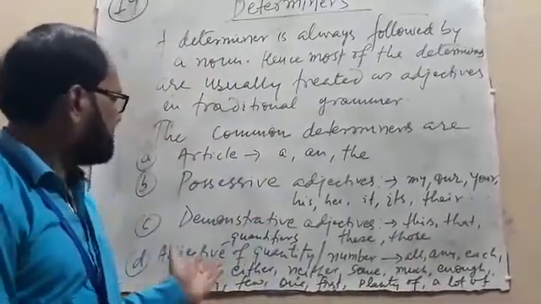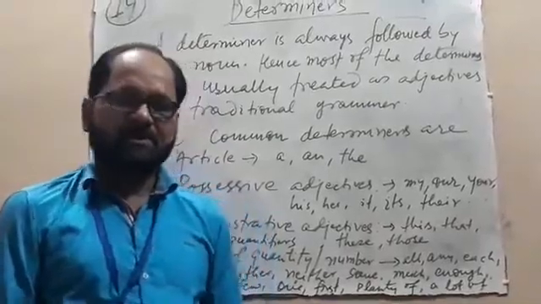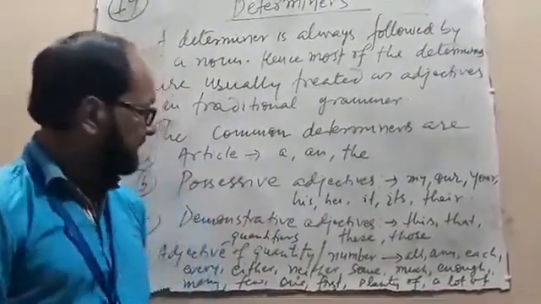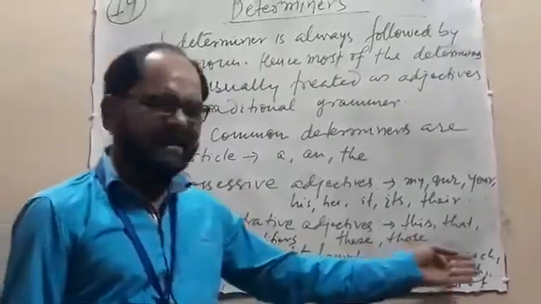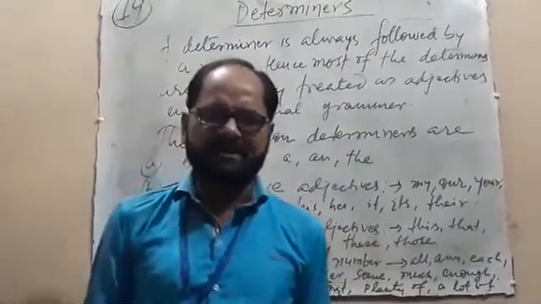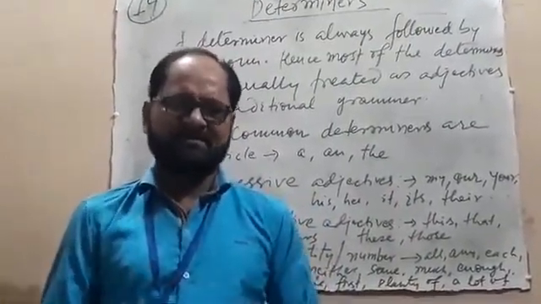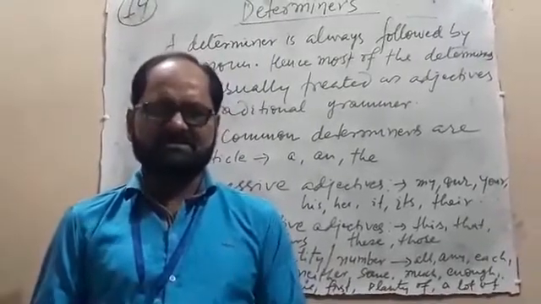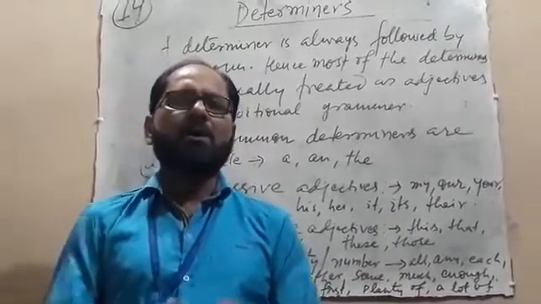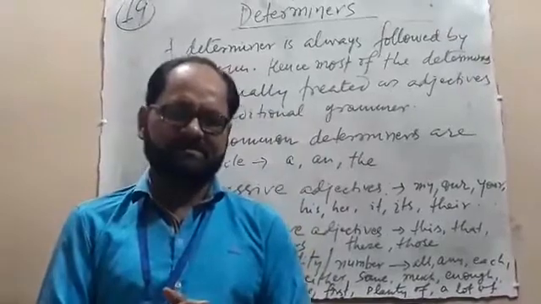And adjectives of quantity or number, which are called quantifiers in determiners, like all, any, each, every, plenty of, a lot of, enough, many, few, little, much, first, second, one, two, all are quantifiers in determiners.